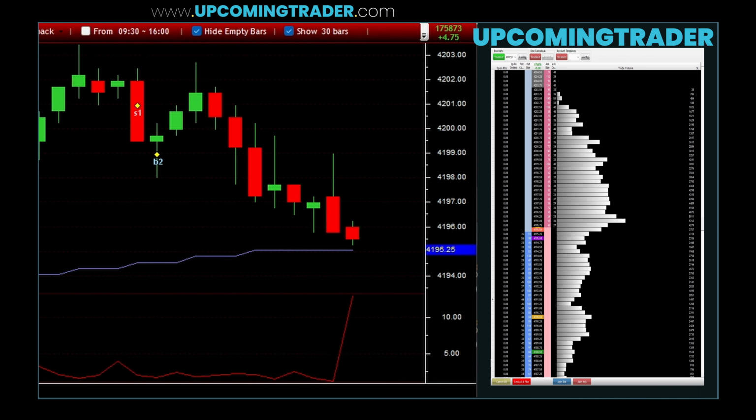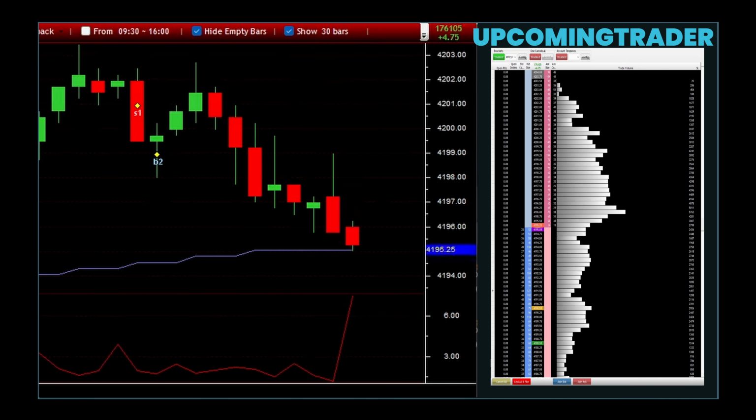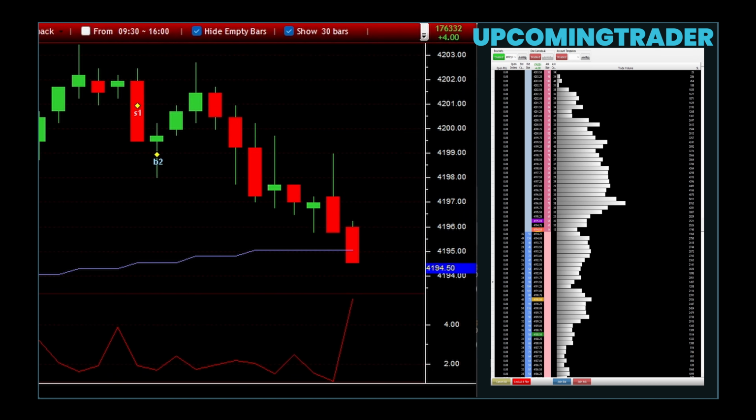This is the price at which you want the stop loss to activate if the market moves against you. By doing this, you ensure that you have a safety net in place, protecting your position and limiting potential losses if the trade doesn't go as expected. This simple step helps you maintain control over your trades and keeps your risk management strategy solid.